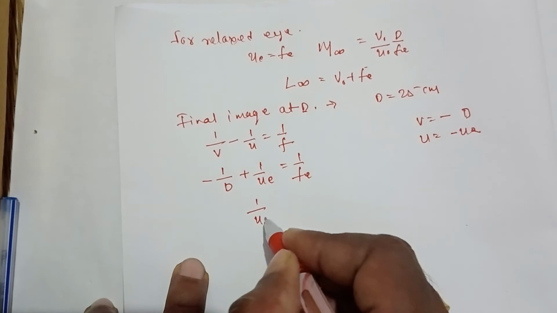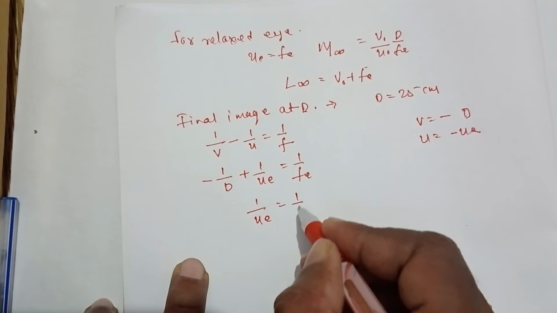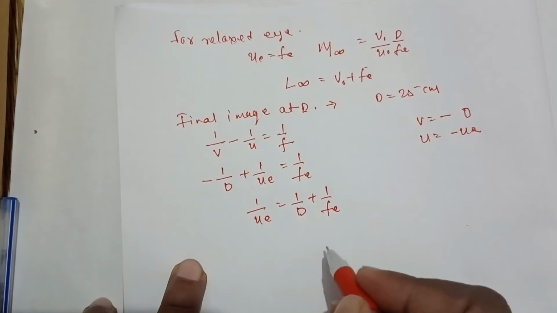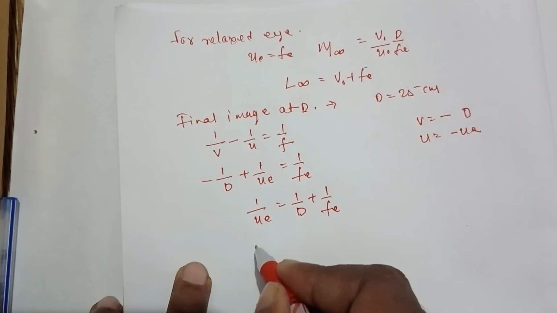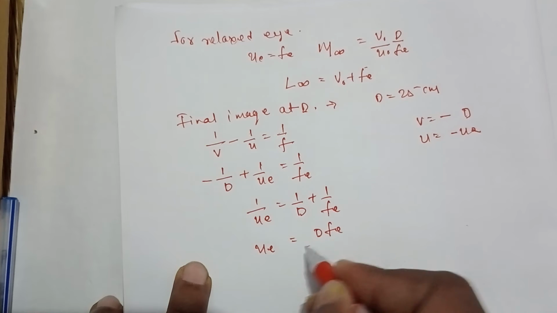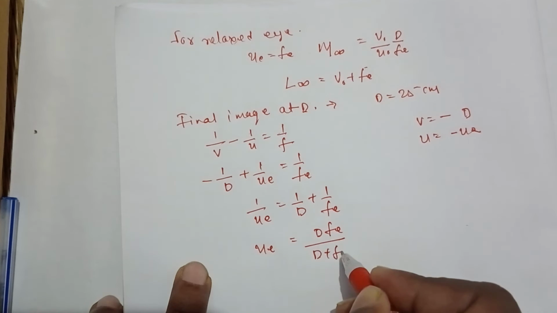So 1 by Ue is equal to 1 by D plus 1 by Fe, and from this equation you can write Ue is equal to D Fe by D plus Fe.